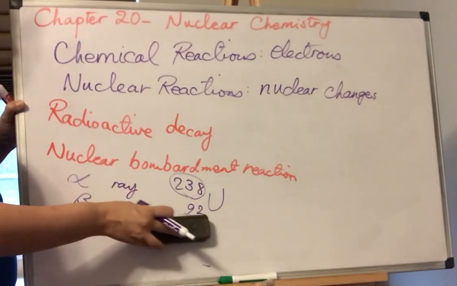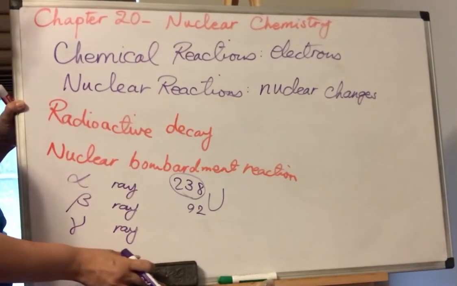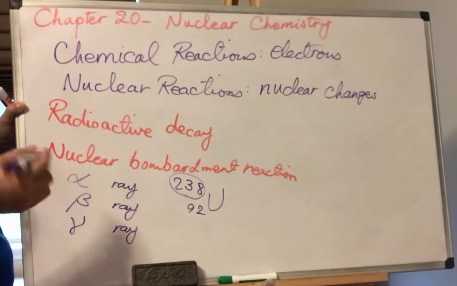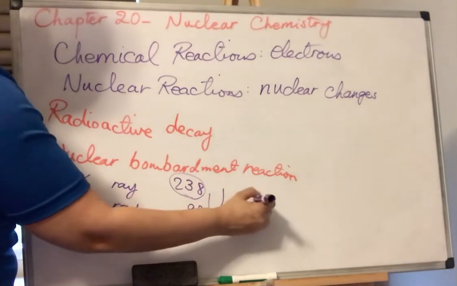So between uranium-235 and uranium-238, it was found that uranium-238 has a radioactive nature.